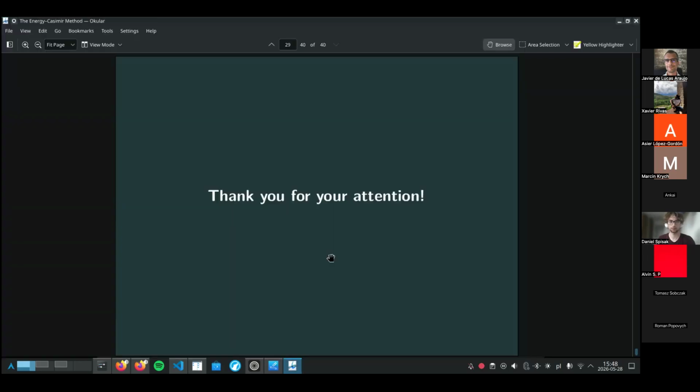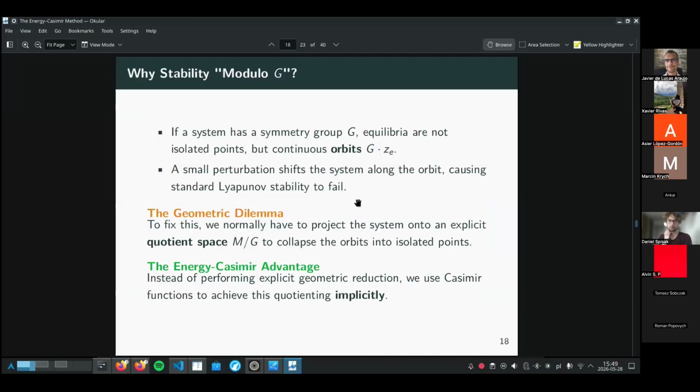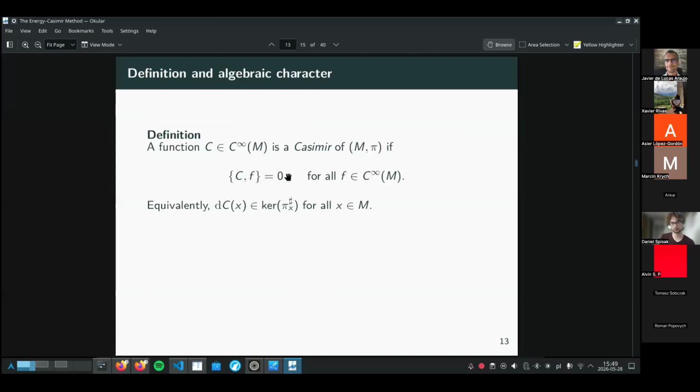So a third equivalent definition would be that C is a function such that its associated Hamiltonian vector field is the zero section. Yes, it would be another. I mean, it is indeed basically rewriting this in other words.